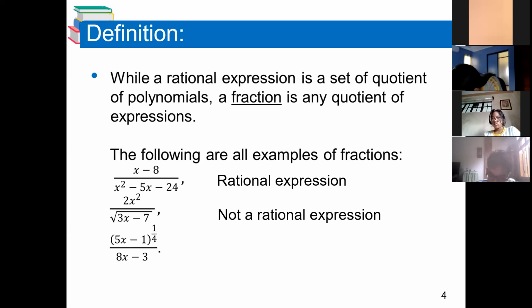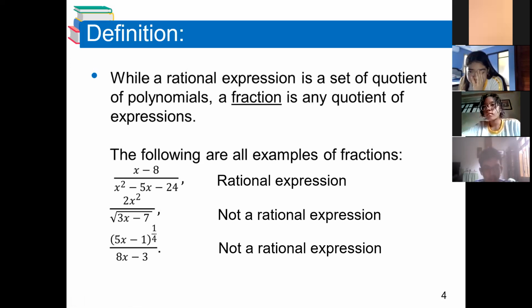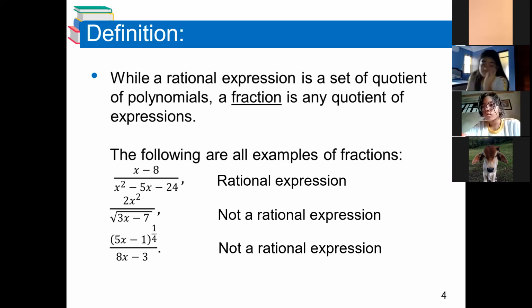Okay? The third one is not a rational expression. What makes it not a rational expression? The numerator, 5x minus 1 raised to the power of 1/4. Let me go back to the definition of a polynomial again. A polynomial is an algebraic expression with a non-negative integer exponent.